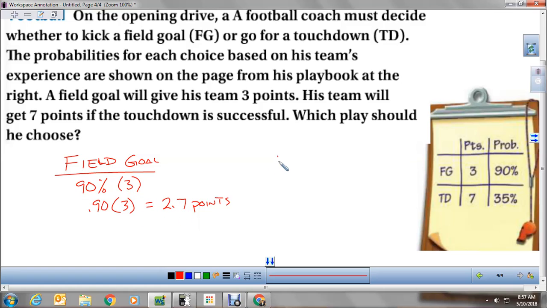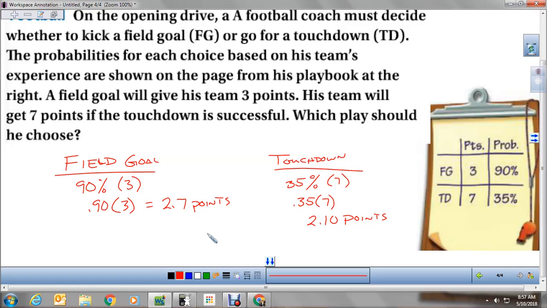So now let's look at the touchdown. Not quite as good on average on these. So we're going to take the 35% times the 7 points he gets for each touchdown. So we're going to say this is 0.35 times 7. And that's going to get us 2.10. So we're going to get 2.1 points on average on this drive.